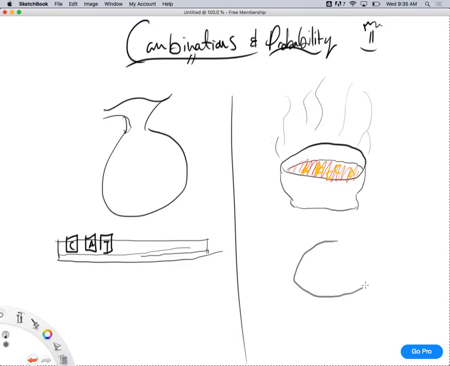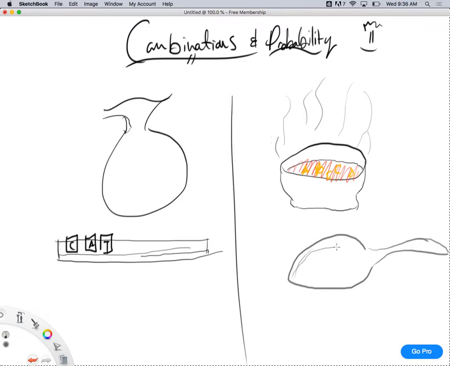Here's your soup spoon. All right. And you pull it out, and you've got these letters here.